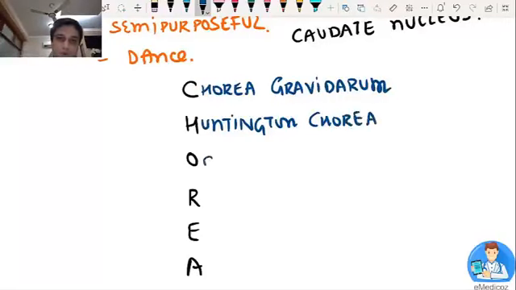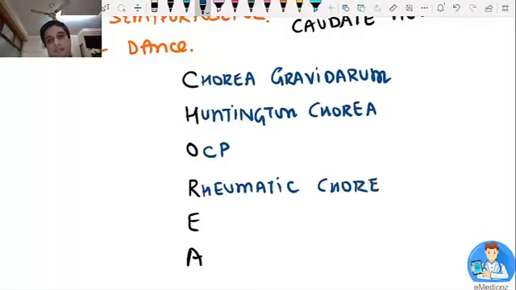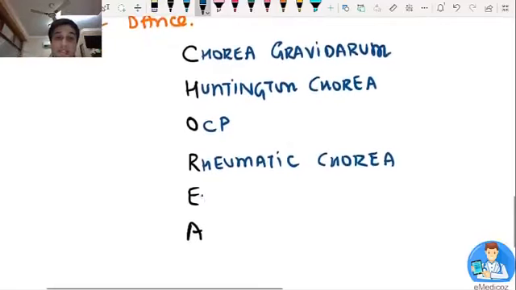O stands for the oral contraceptive pill, OCP. R stands for the rheumatic chorea that we know. E stands for the endocrine cause.